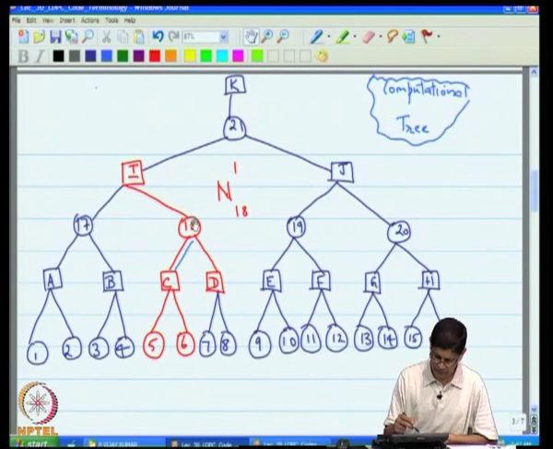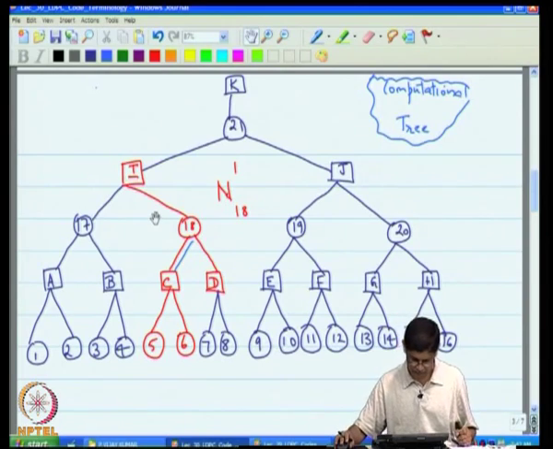That is why everything that is shown in red is actually included in this.